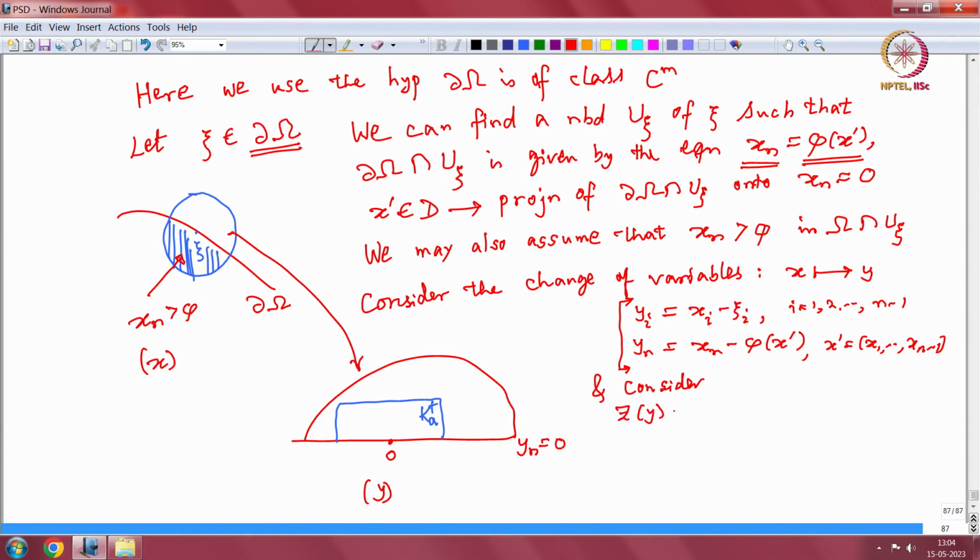So, this is f of y1 plus j1, so in fact we are already using the inverse transform, yn plus, so I should write again phi in terms of this y1 plus j1, etc. Okay, and this z, small z, belongs to Hm of Ka plus for some a positive.